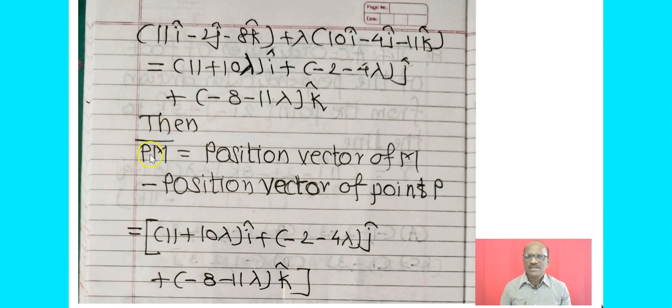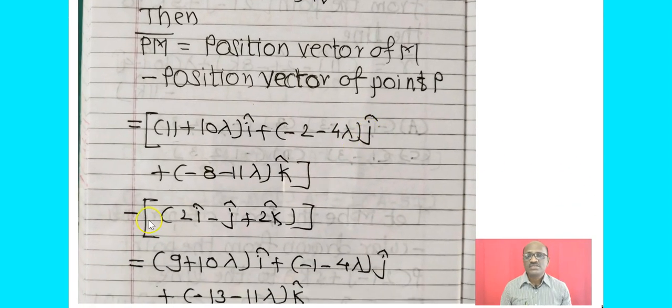Then PM is equal to the position vector of the point M minus the position vector of the point P. The position vector of M is (11 plus 10 lambda) i plus (minus 2 minus 4 lambda) j, and the last is (minus 8 minus 11 lambda) k, minus the position vector of the given point, which is minus 2i minus j plus 2k.